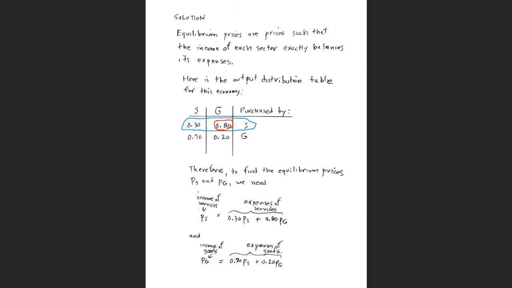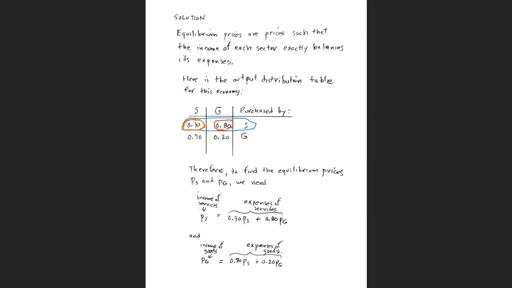And services sells 70% of its output to goods, but keeps 30%. So services keeps 30% of itself. So it's using services for services. So services retains 30% of its output, but purchases 80% of goods output.